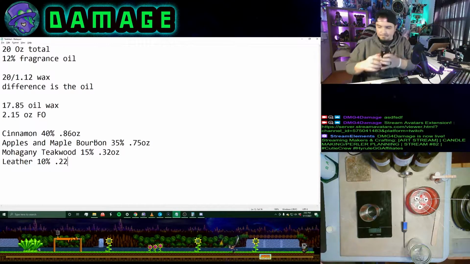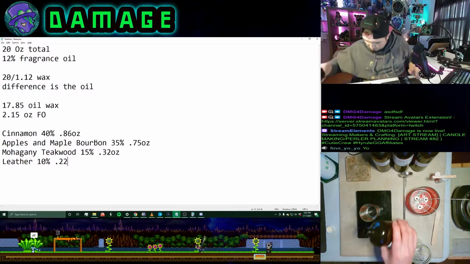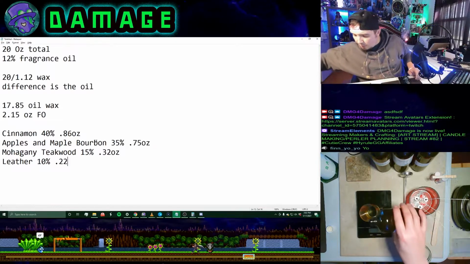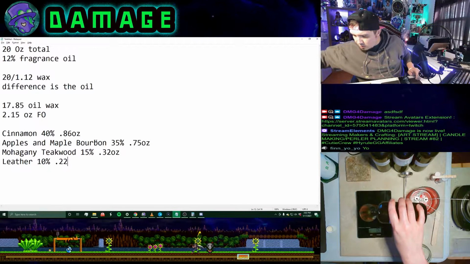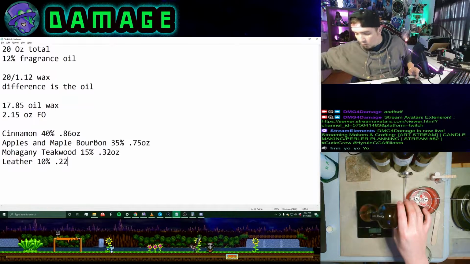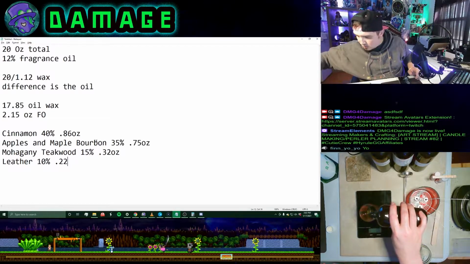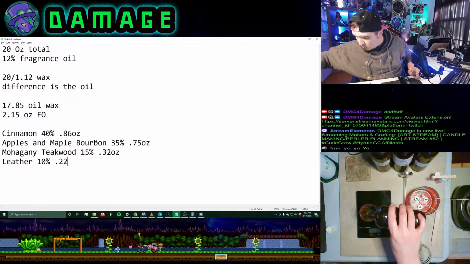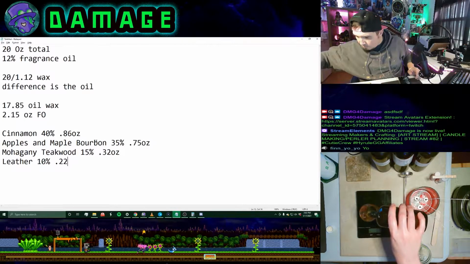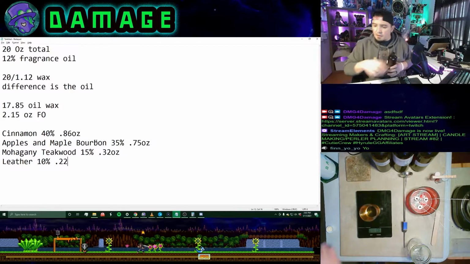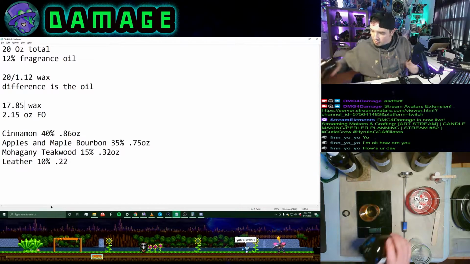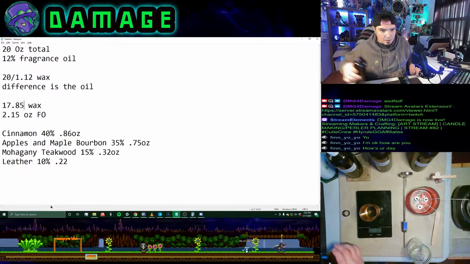So cinnamon. Remember, I am basing this on 12% to 20 ounces total on my wax. So 0.86. Good. All right, so we got that. 0.75.